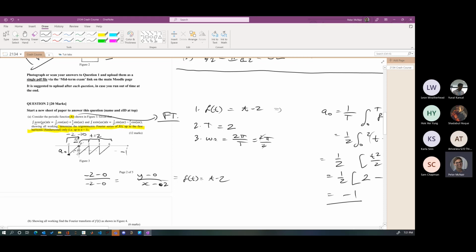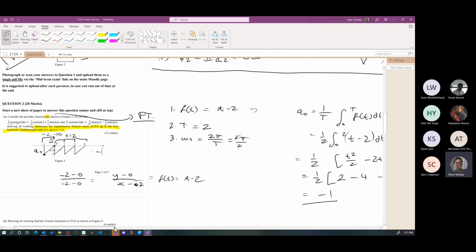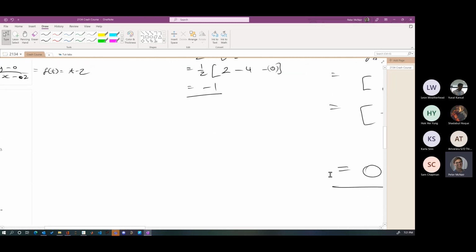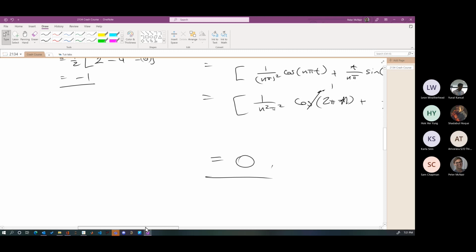It's got a sine. I don't actually know. Looks like a sine or a cosine. I think sines, which is why the cosine part goes to 0, which is our aim.